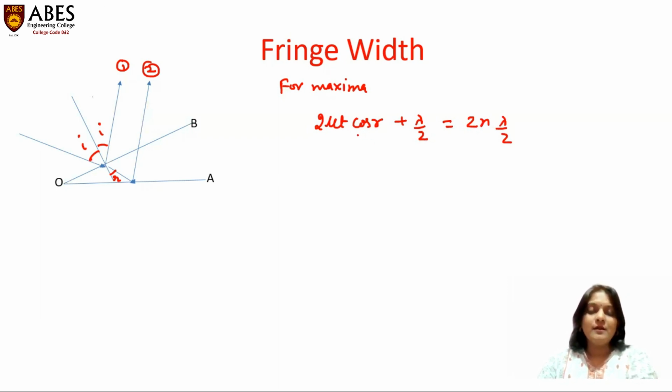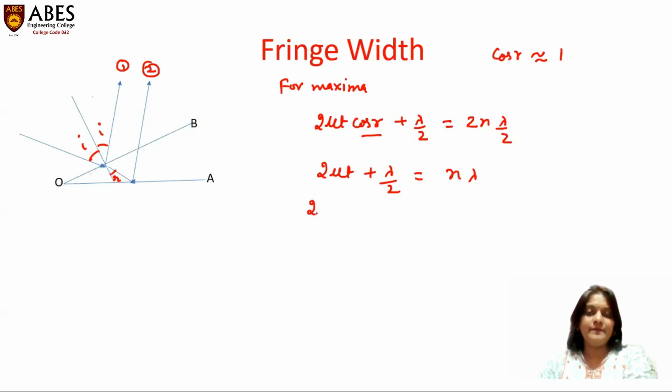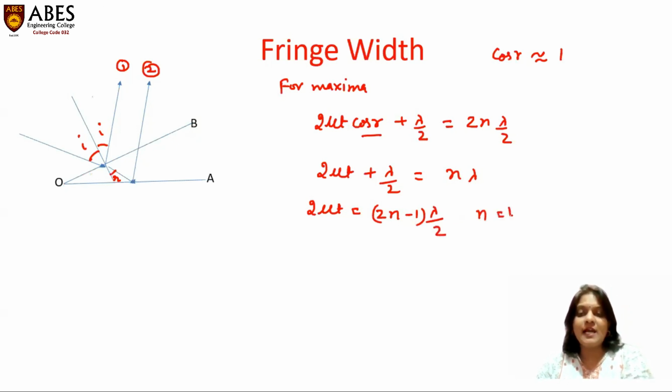But due to the perpendicular incidence, the angle R is very, very small, so cos R is approximately 1. So we will use 2 mu t plus lambda by 2 is equal to n lambda for the maxima, and 2 mu t is equal to (2n minus 1) lambda by 2, where n starts from 1, 2, 3 and so on.